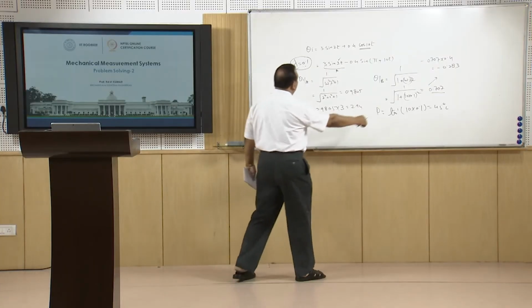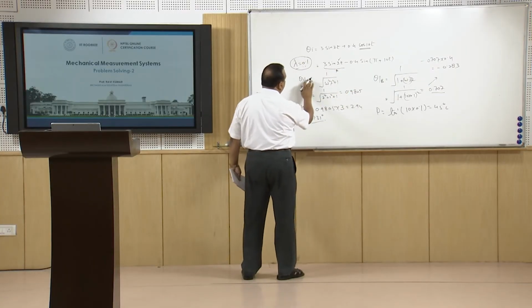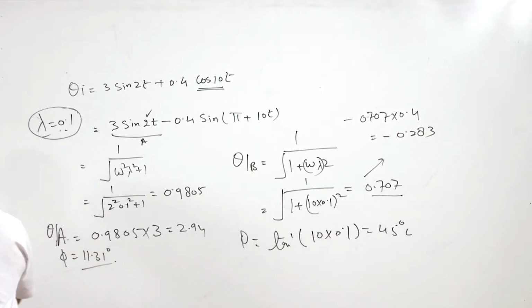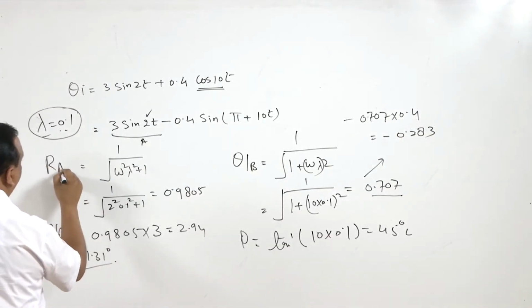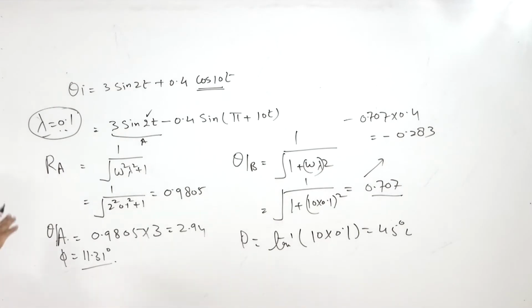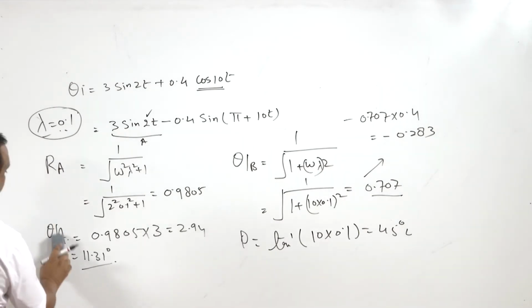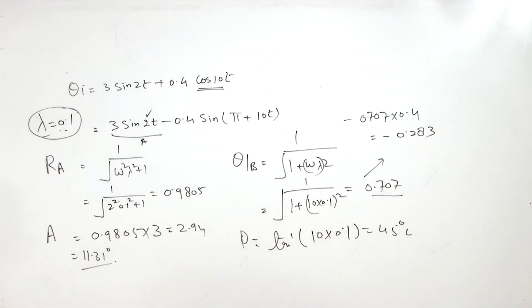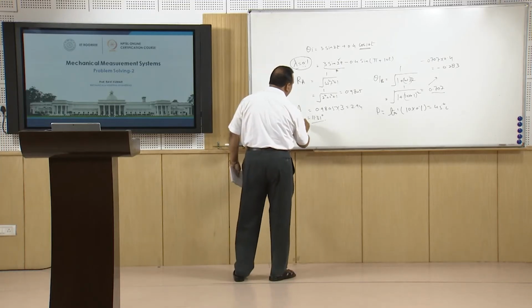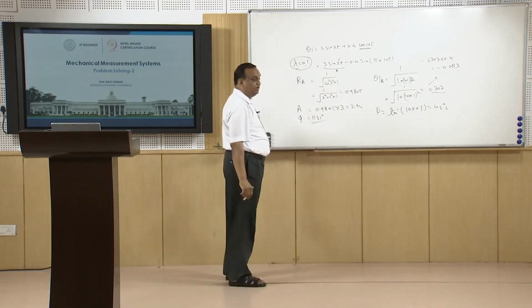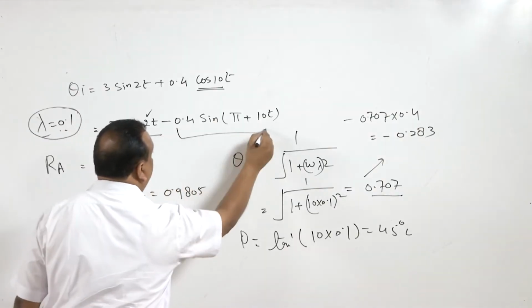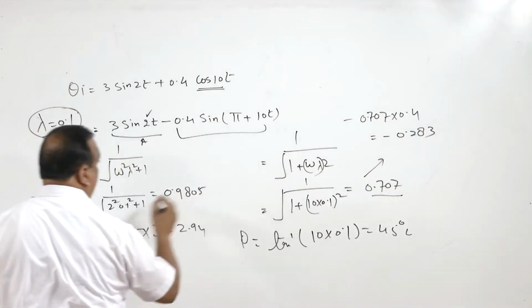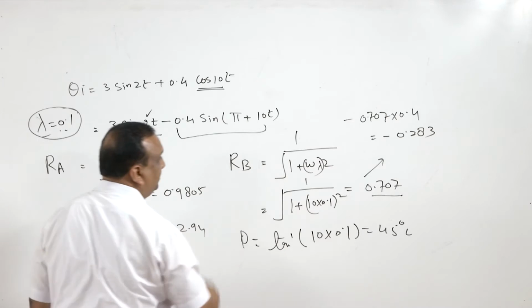Now here we can conclude that the amplitude ratio of A, let us say RA, is this much, and this will give the amplitude of A dash. This is the phase lag of A, this is part A. For part B, this is the amplitude ratio RB, right?